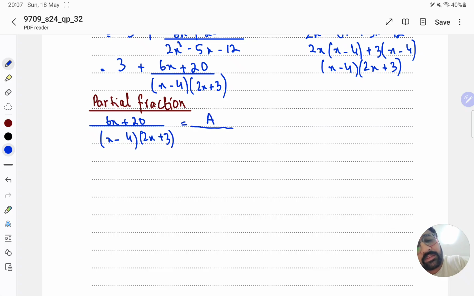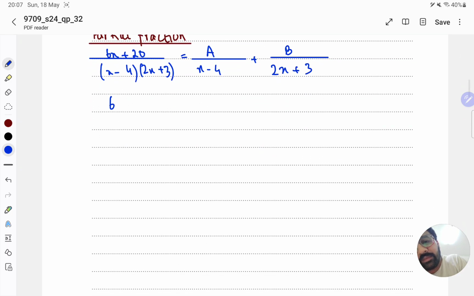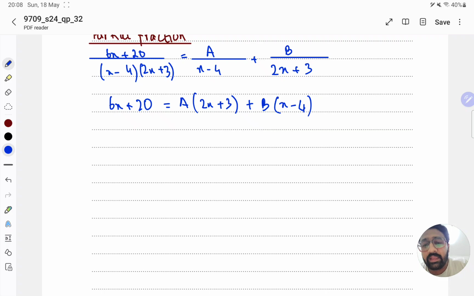Since it's linear, it will be a over x minus 4 plus b over 2x plus 3. So if I simplify, it will be 6x plus 20 equals a bracket 2x plus 3 plus b bracket x minus 4.